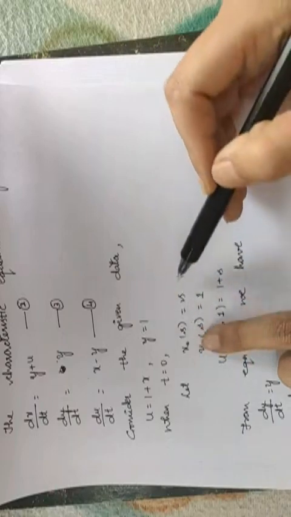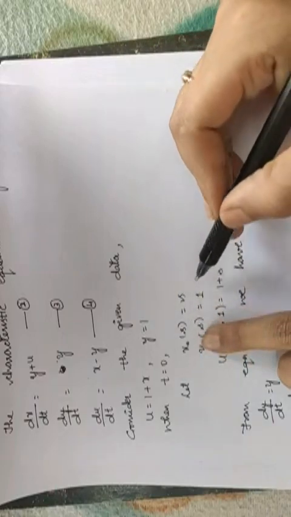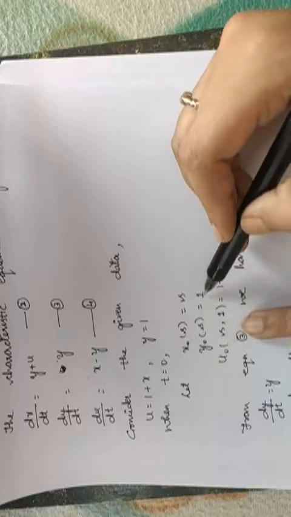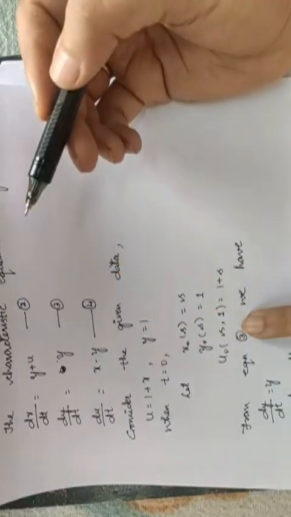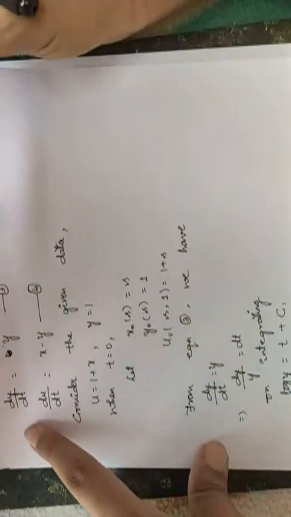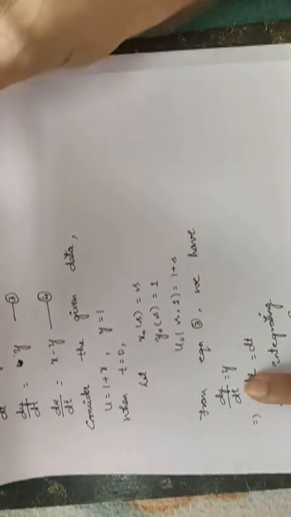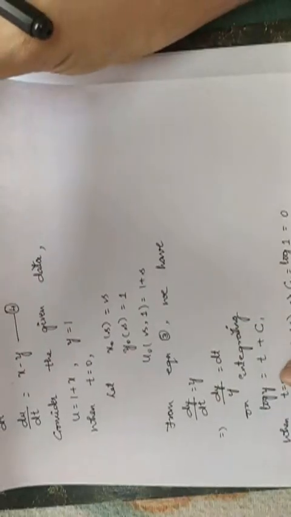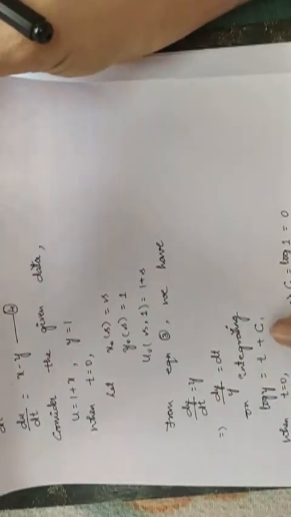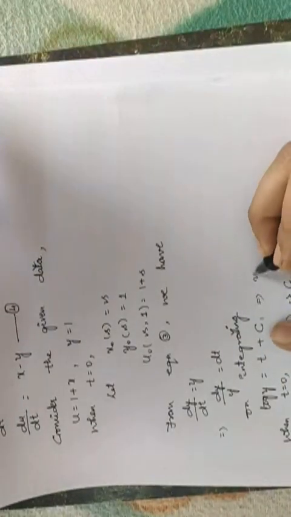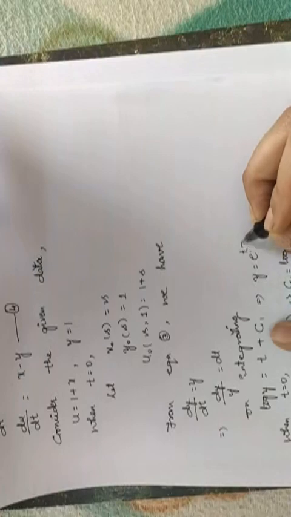So we have considered x naught of s as s, y naught of s is 1, and u naught of s comma 1 is 1 plus s. Now using your equation number 3, that is dy by dt is equal to y, on the variable separable method, if you integrate, you will get log y is equal to t plus c1, or you can write this as y is equal to e power t plus c1.